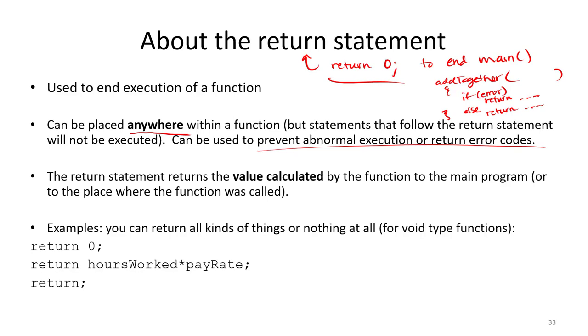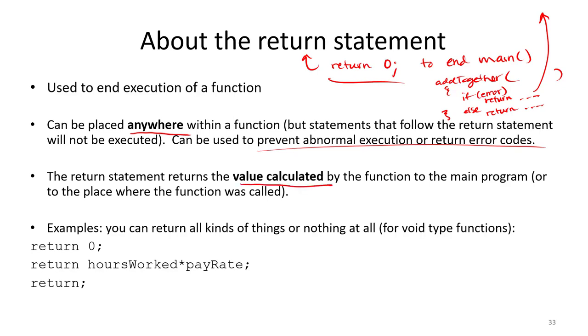So it's possible to have more than one return statement in a function, but once one of the return statements has triggered, then you are going to exit the function, and so any other code in that function will not execute.